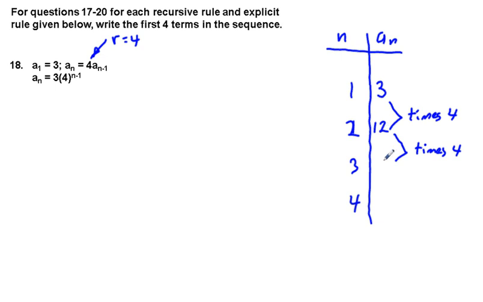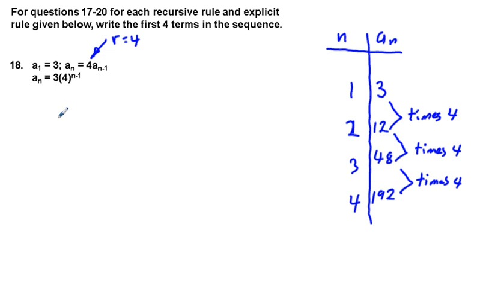12 times 4, 48. And then one more time times 4. And let's see, 48 times 4 is 96, 96 times another 2, we should get 192 is what we should get here. And we could just try it out with the explicit rule here.